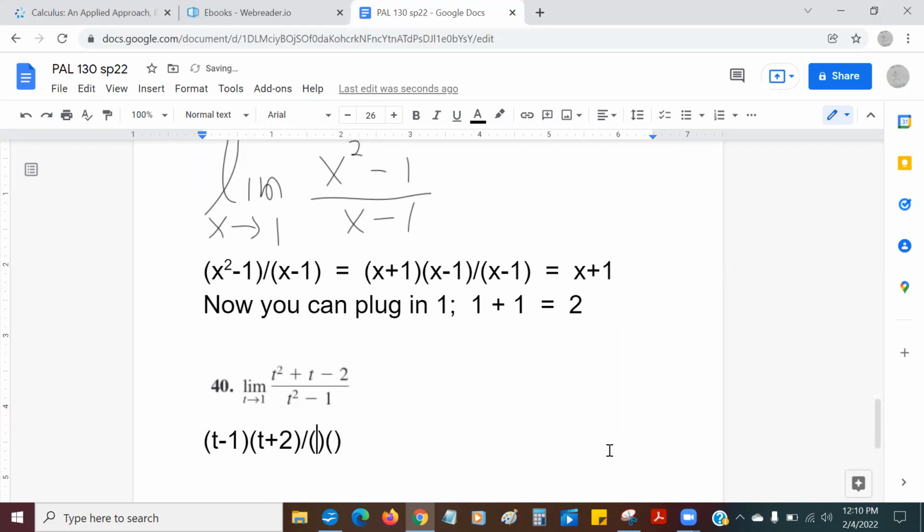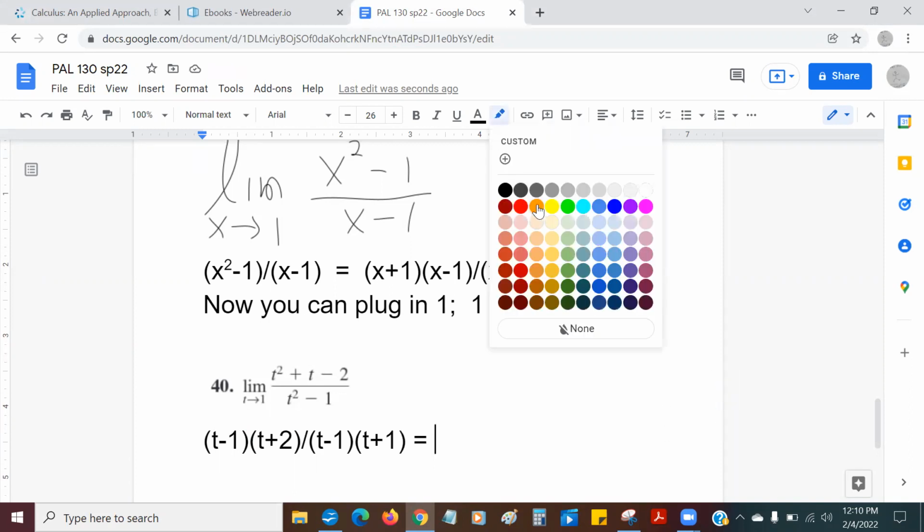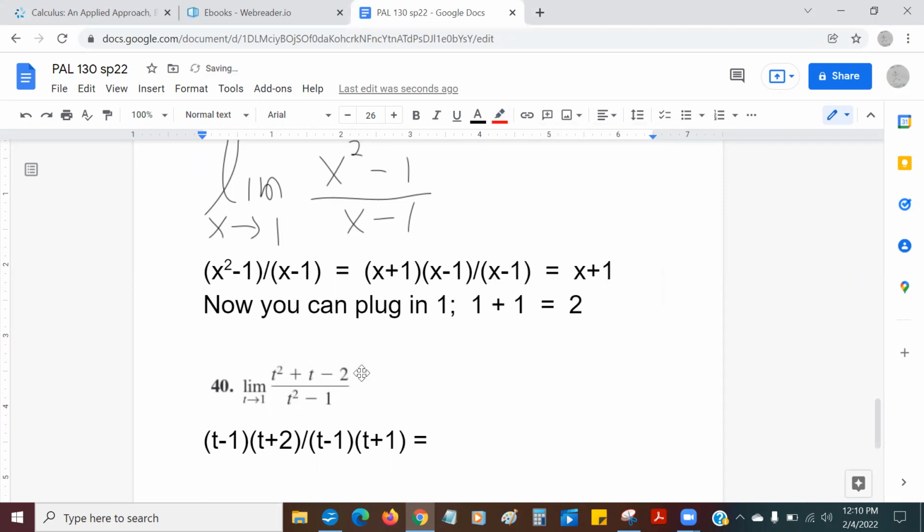The bottom is t minus 1 times t plus 1. And that winds up canceling, so canceling the t minus 1.